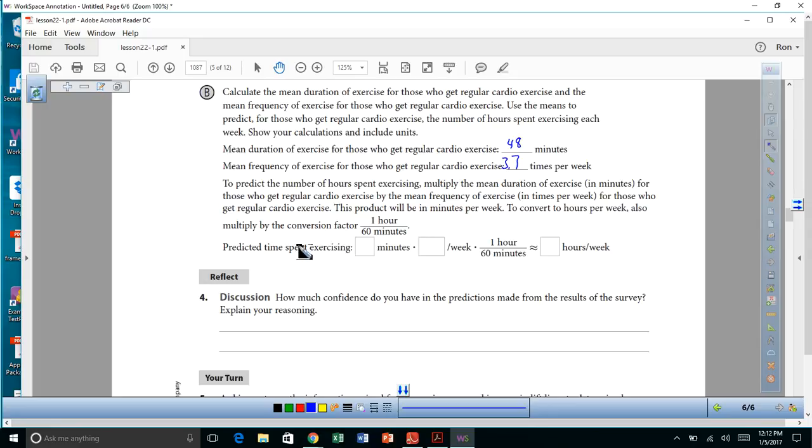So the predicted time spent exercising is 48 minutes times 3.7 times per week, which is approximately 3 hours per week.